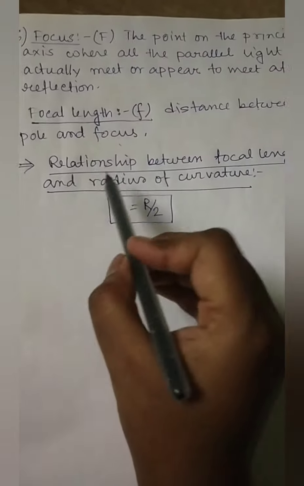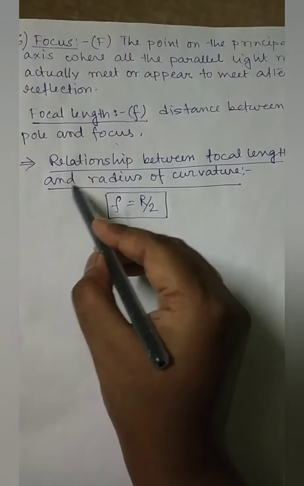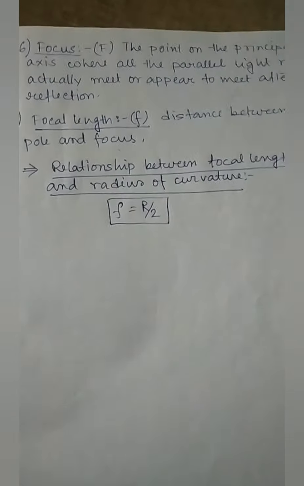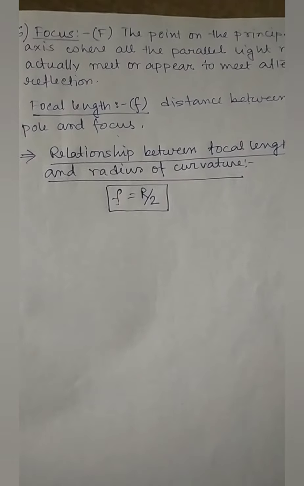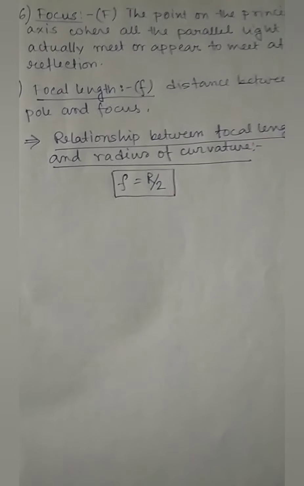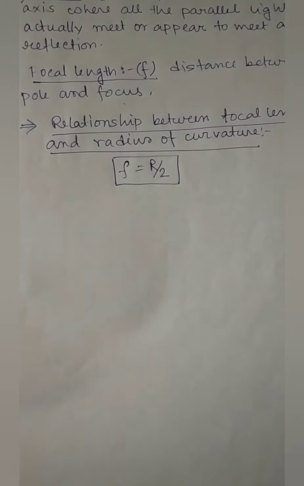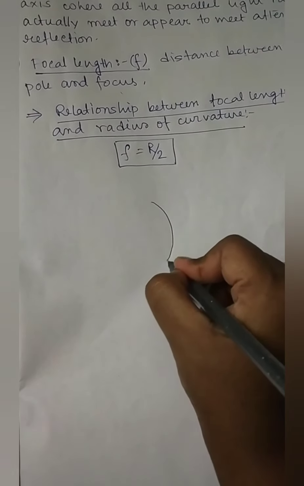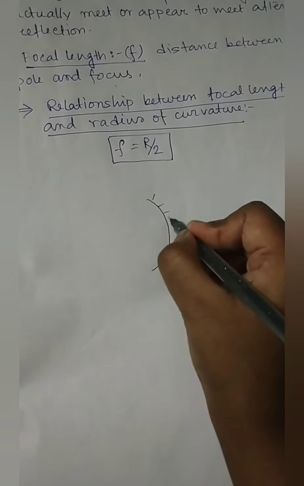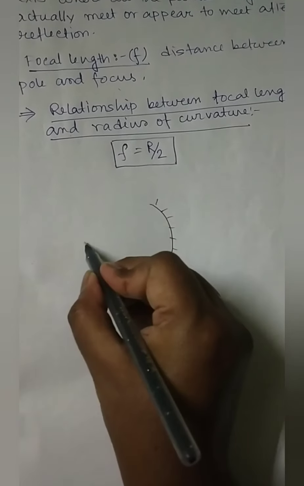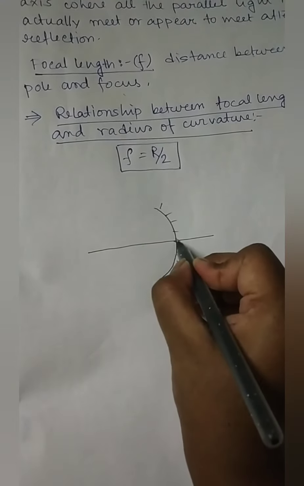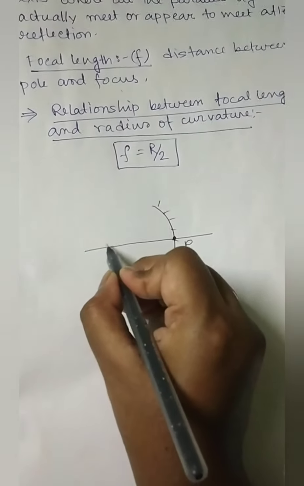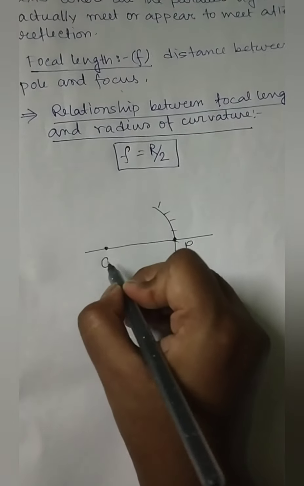Now let's see the relationship between focal length and radius of curvature. The relationship between focal length and radius of curvature is f = R/2. That means focus will be half of radius of curvature. So let's see, if we draw a mirror, consider a concave mirror. If this is the pole, this is the center of curvature.